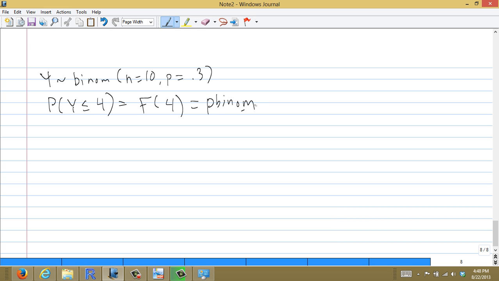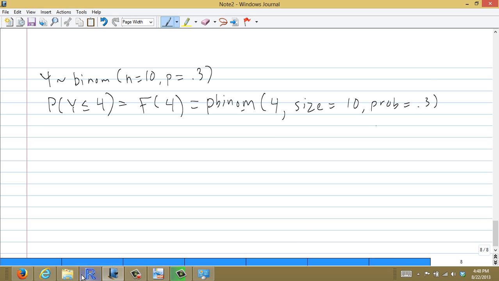P stands for probability, which indicates that it's the CDF function, and binom specifies the distribution of interest. So the solution is going to be pbinom. We specify the number we want to evaluate our CDF at, which is 4. The argument size is the number of trials, and then prob is the probability of a success, which in this case is 0.3.